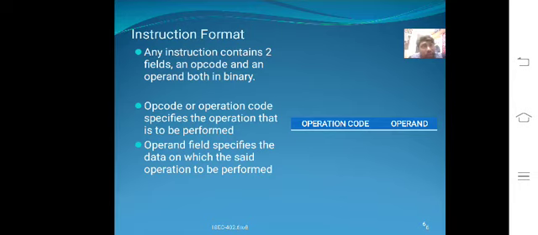The opcode, or operational code, specifies the operation that is to be performed. The operand field specifies the data on which the said operation is to be performed.